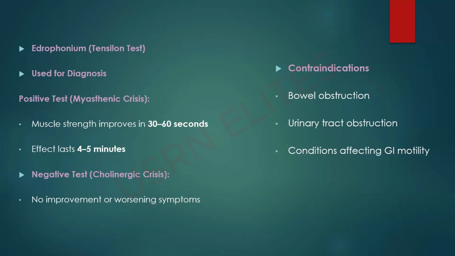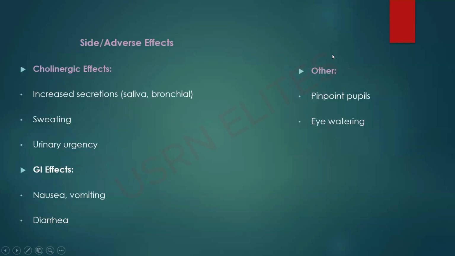And remember, I told you yesterday that the priority action when it comes to myasthenia gravis is respiratory. If you see anything like respiratory or prepare for mechanical ventilation, they are likely to be the answers. Anything airway, respiration, they take the priority. Any other question or we can carry on?